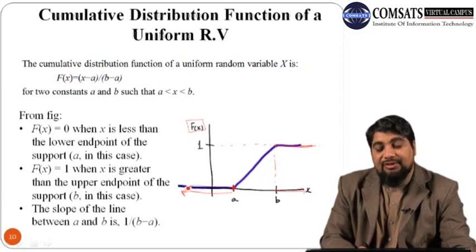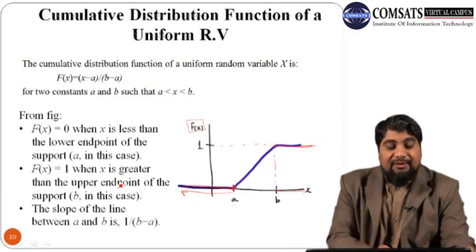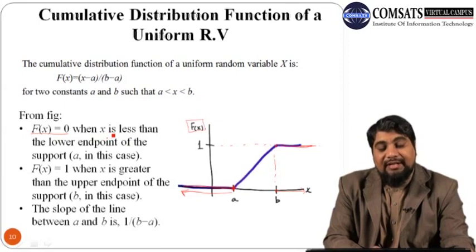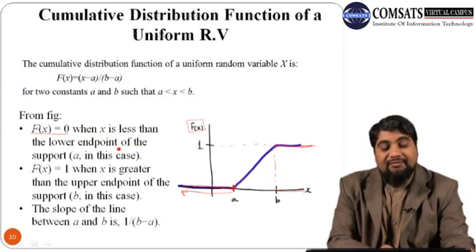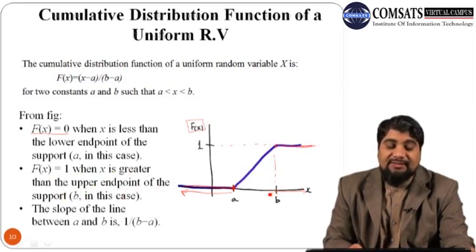That's why we are seeing this CDF which takes value 0 when x is less than the lower limit of the uniform distribution. So from the figure, F of x is 0 when x is less than the lower end point of the support, A in this case, and the CDF of x is 1 when x is greater than the upper end point of the support, which is the point B in this case.